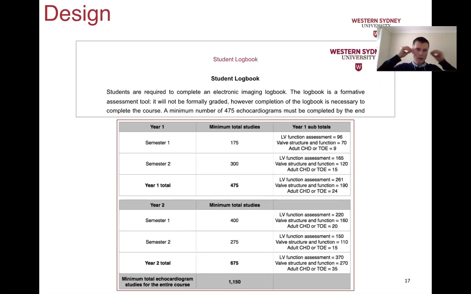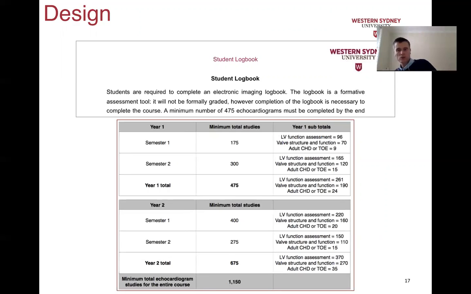The logbook is always the last assessment item due, and it's always due on the Monday after the practical exam. So the practical exam is always right at the end of the semester, and the logbook is due after that, just to give you as much time as possible to undertake as many exams as you can. What happens if you don't get to the logbook number?